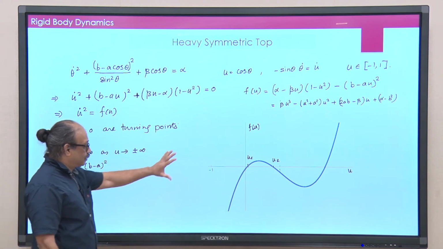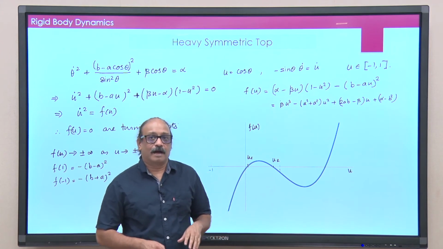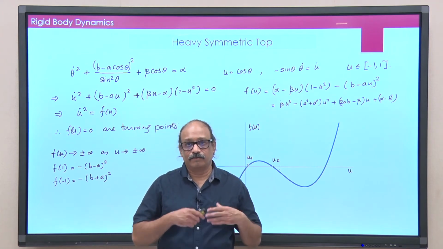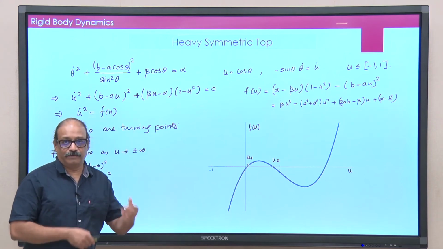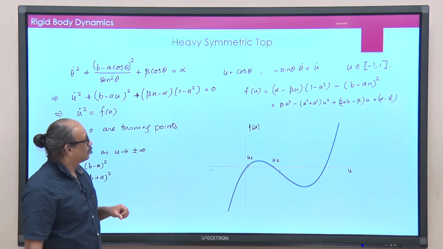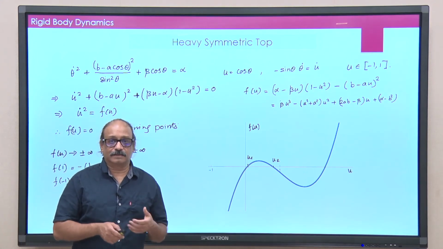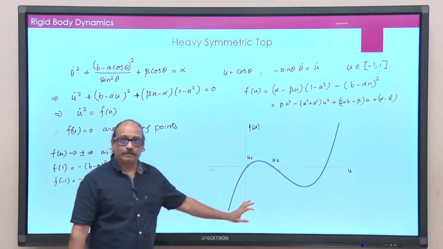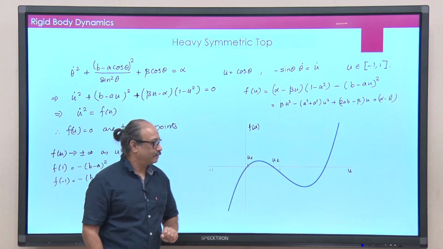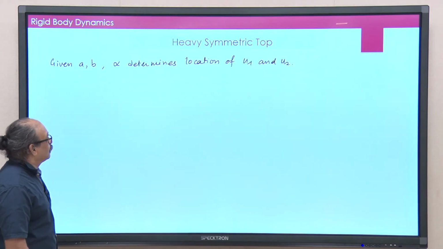So, now with this in our mind, let us try to analyze how the motion of the symmetric top would look like, and that is all we need to know. We do not need to actually finally solve for psi dot and phi dot. In this discussion I will just discuss the kind of motions that you are likely to get on the basis of the analysis that we have done here, and look at what will happen.